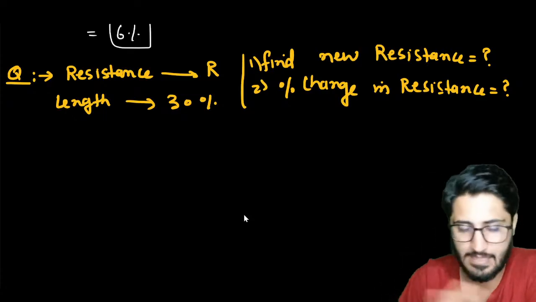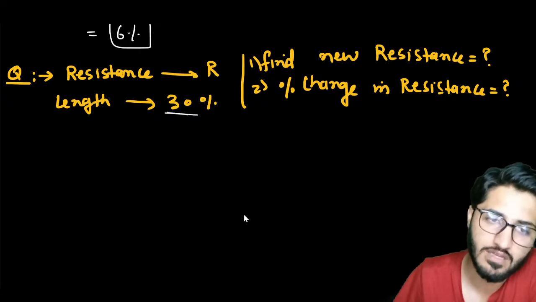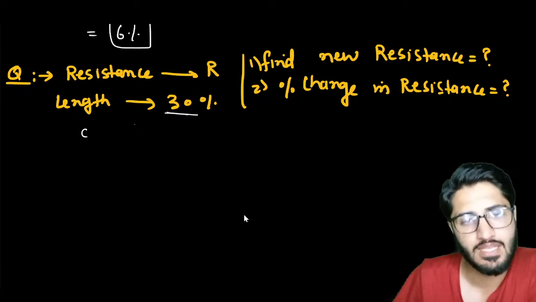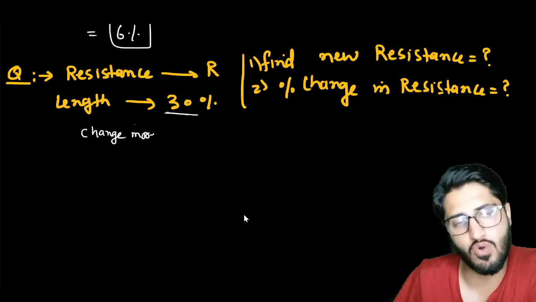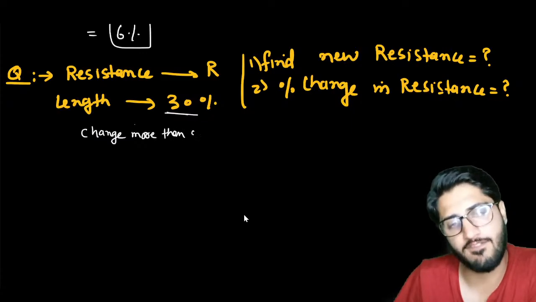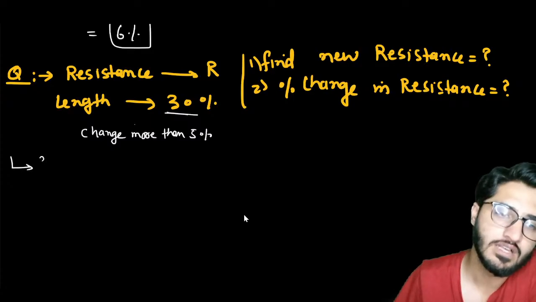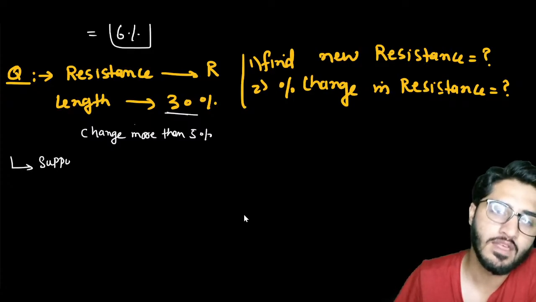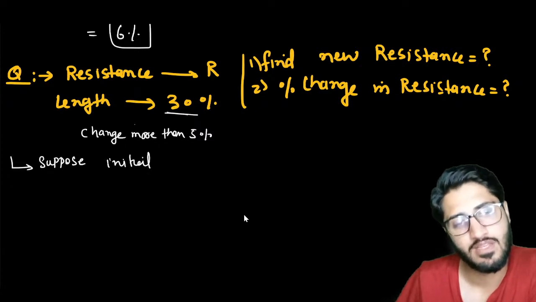Look better, simple. If your change is more than 5%, such as 30%, then always suppose the initial is 100.